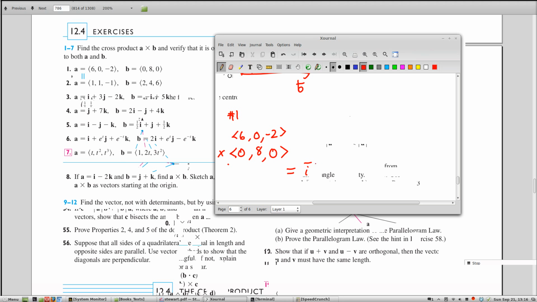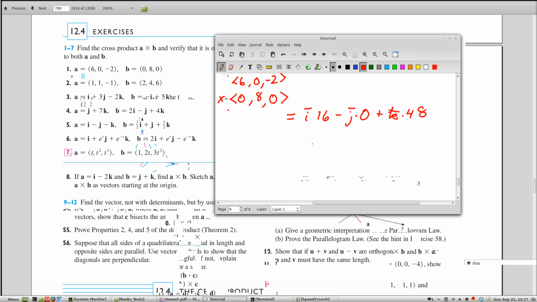So it's going to be i times 0 minus 8 minus 16, which is 16, and now it's minus j times 0, 0, so actually this is 0, plus k times 48.